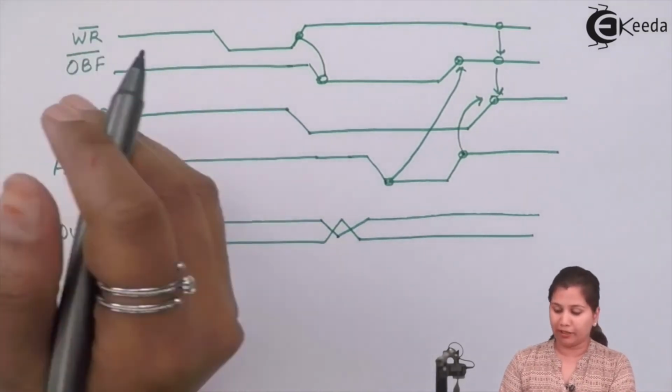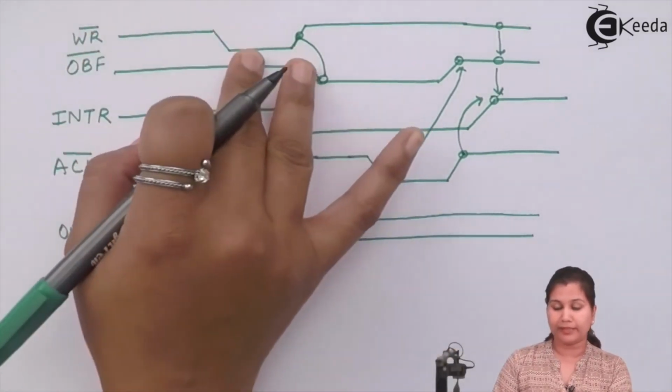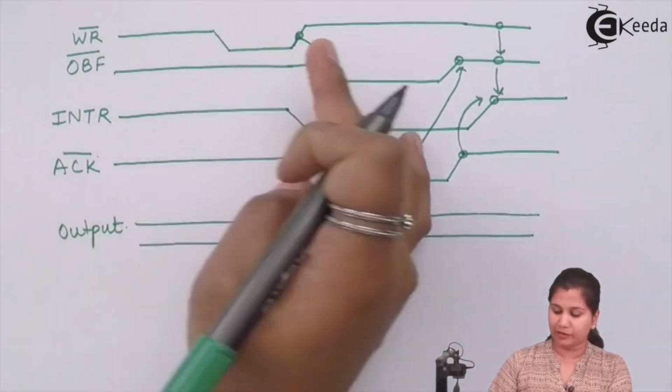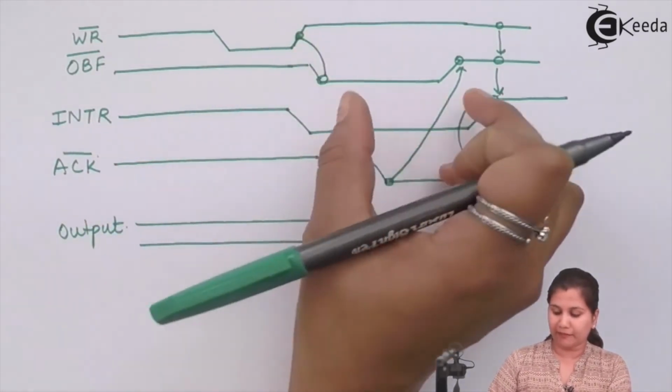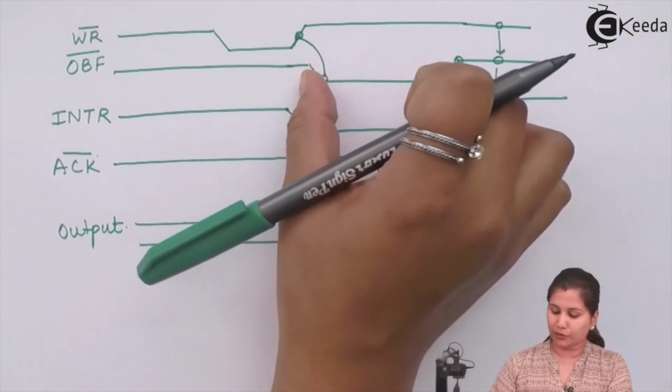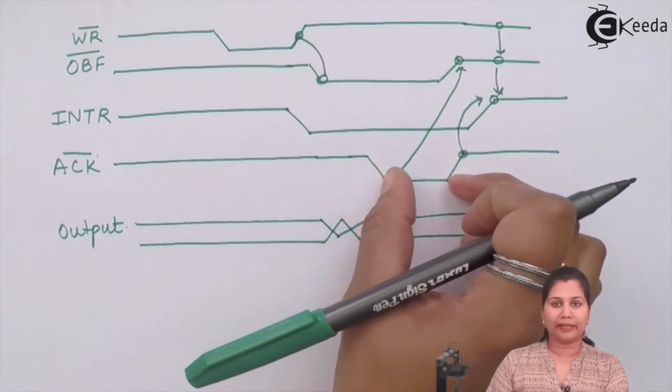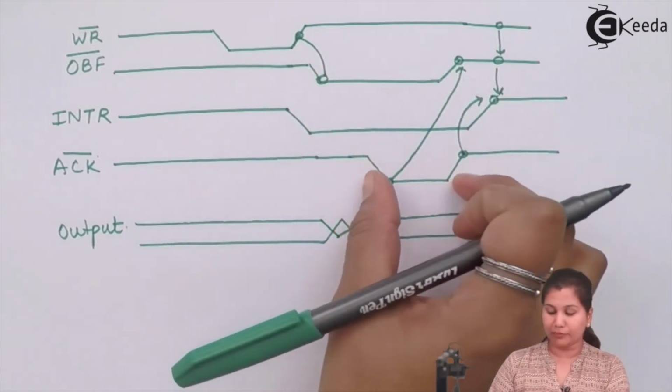So if we see the functioning, when the WR is low, it means it's active. Then the data byte is available at the output buffer. That is going to be read by the peripheral. The peripheral will generate the acknowledgement signal.